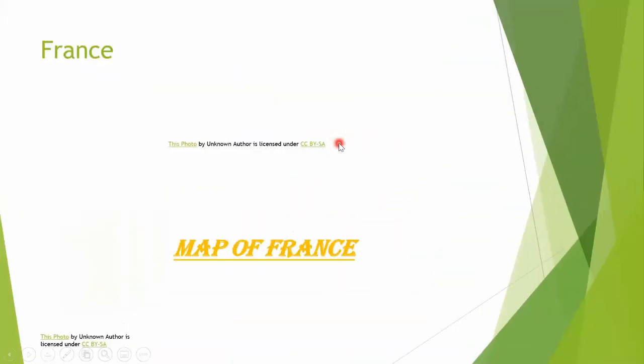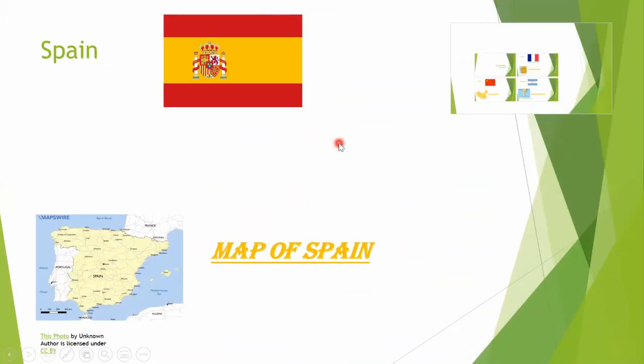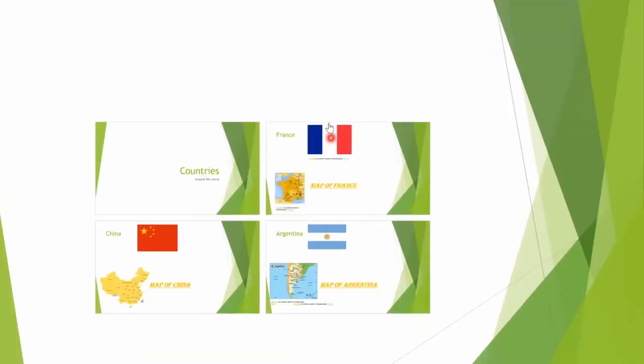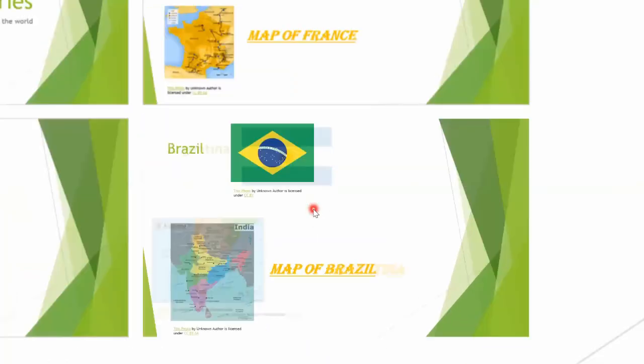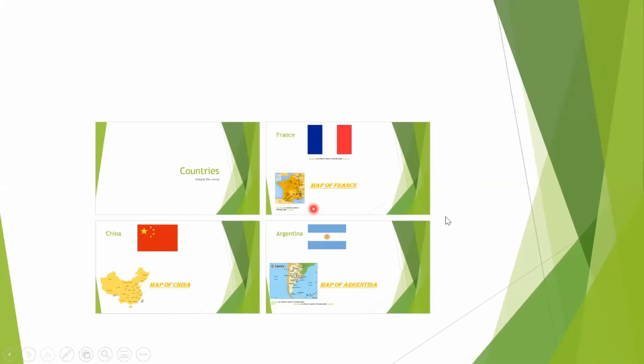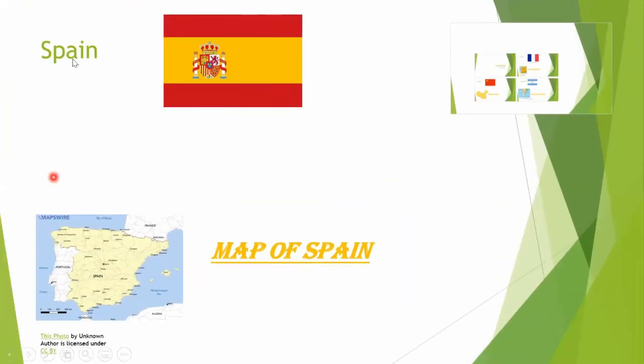I can do it from here. France. Or I want to jump to the section South America, where we have Argentina and Brazil. And click again, and you're back on your original slide.